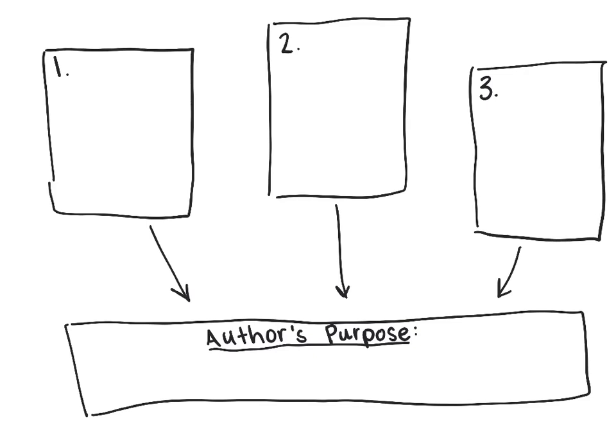So we just talked about in this video how our author's purpose is to inform us, to teach us. So what are 3 things that the author taught us about dogs? Write 3 things, 1, 2, 3. 3 things that the author taught us that shows us that she wrote this to inform.